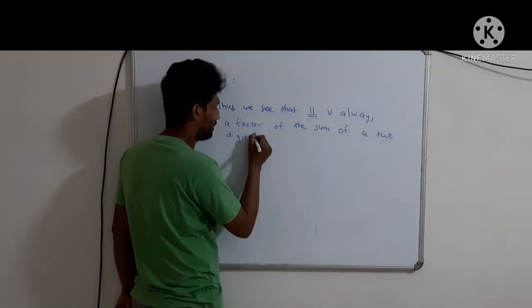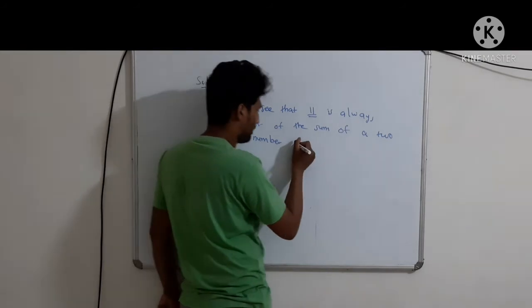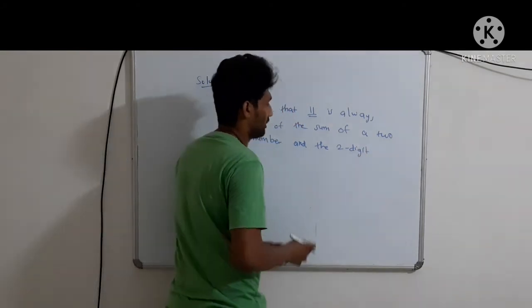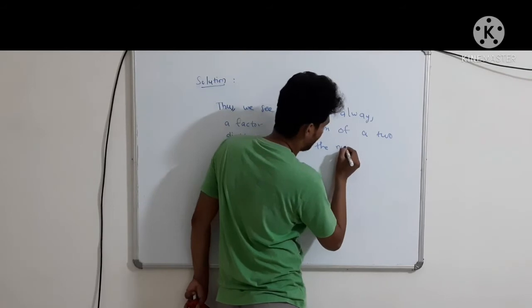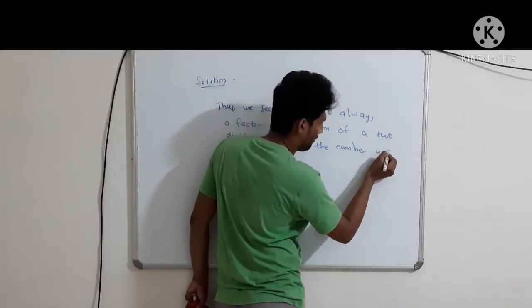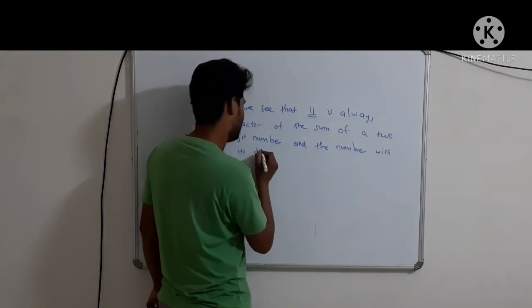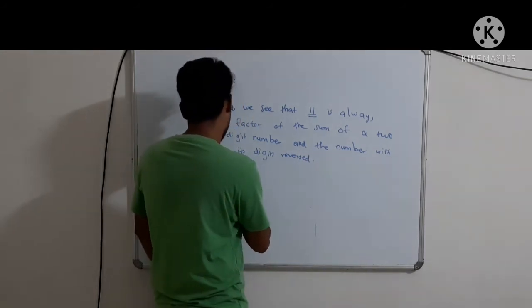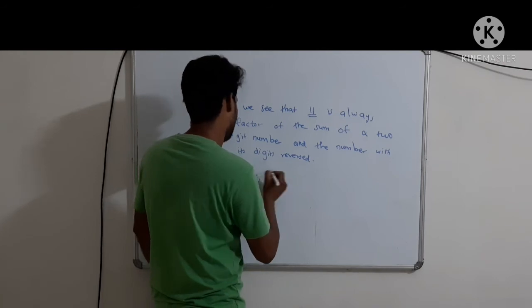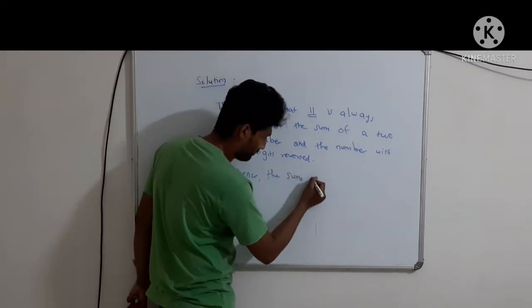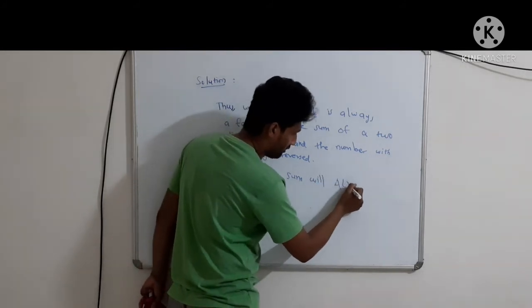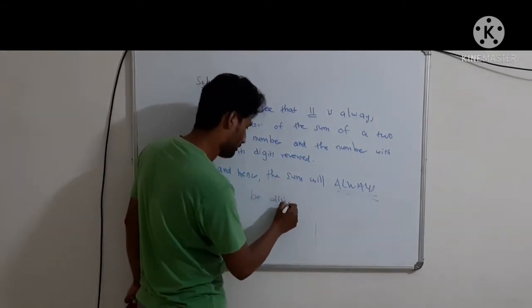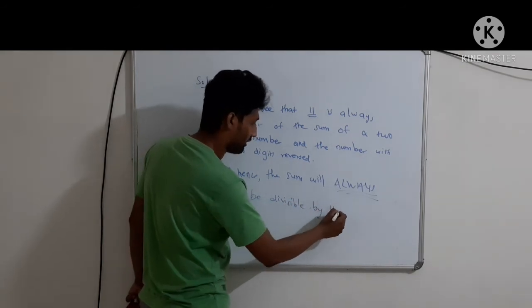A two-digit number and the number with its digits reversed, and hence the sum will always be divisible by 11.